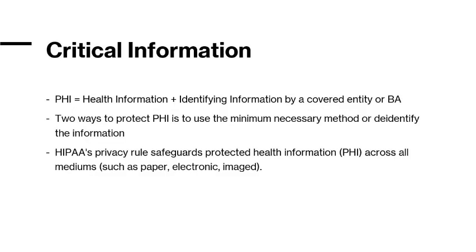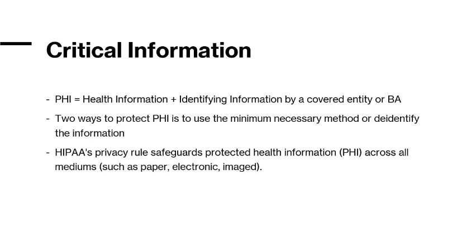I wanted to highlight the critical information of this lesson. Critical information is the understanding that protected health information is essentially health information plus identifying information that's held by a covered entity or BA.